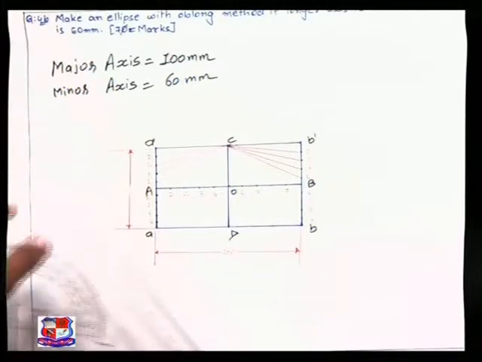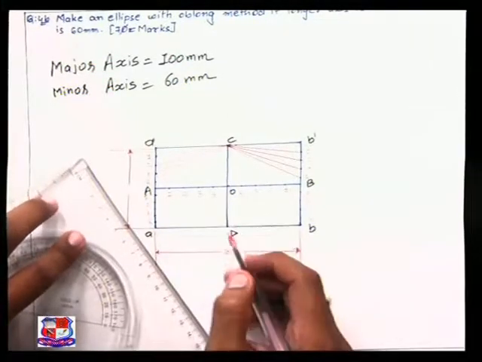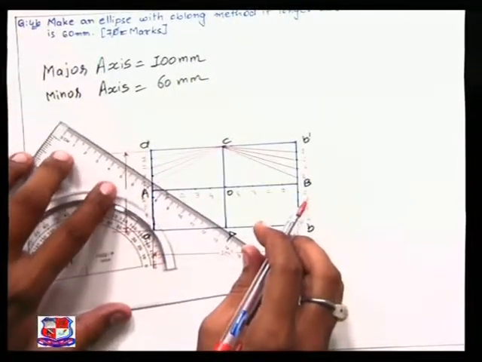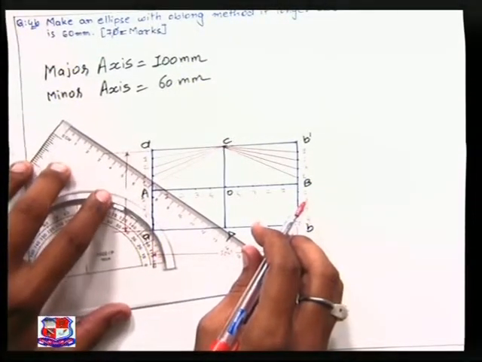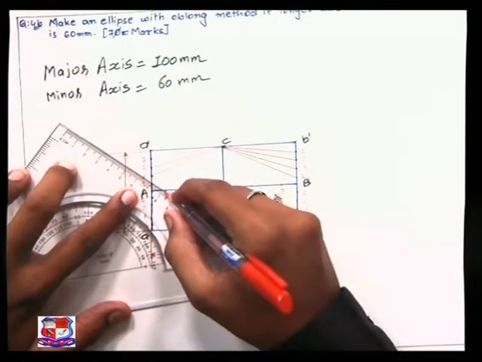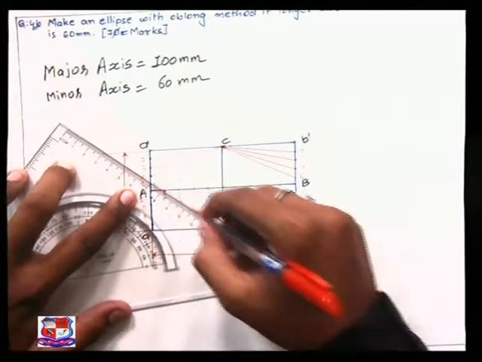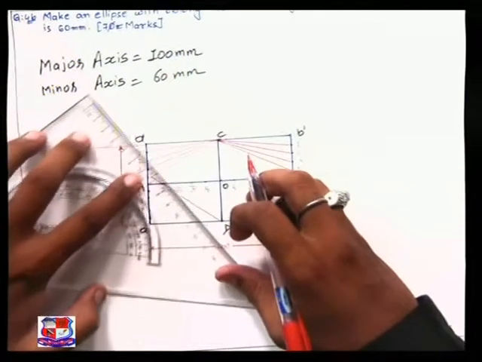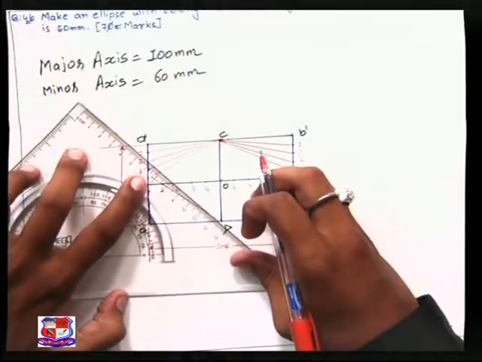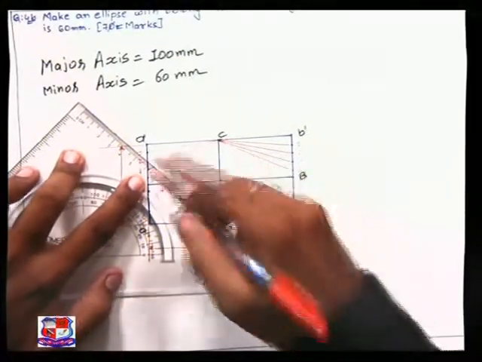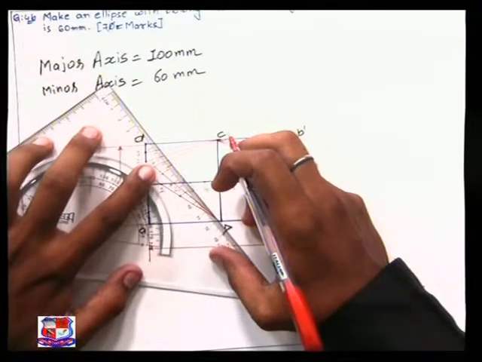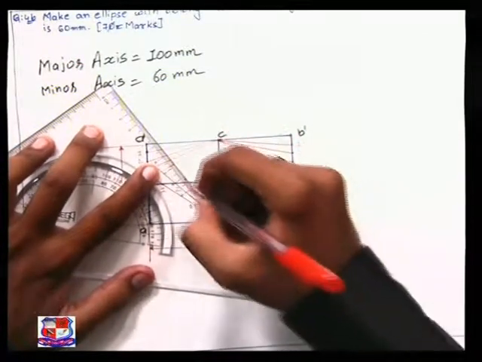Now it's time for joining the lines from the D point. From D, passing through point 1, ending at the point 4 line. From D, passing through point 2 and till the point 3 line. Same way for the other lines.